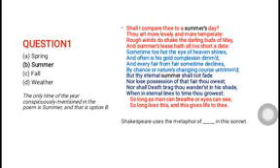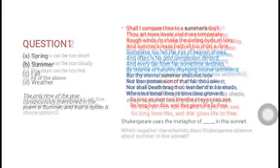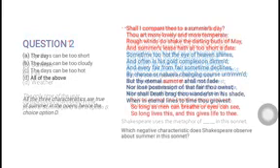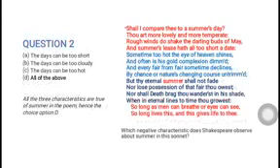Let's quickly look at question 2. The question says, what negative characteristic does Shakespeare observe about summer in this sonnet?